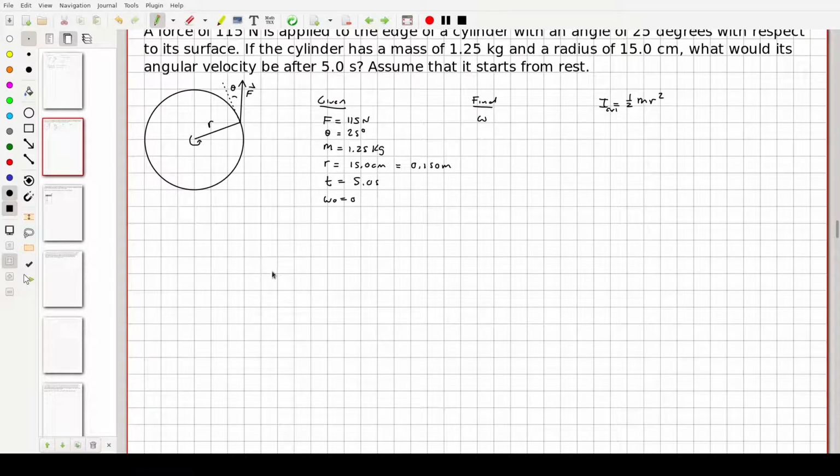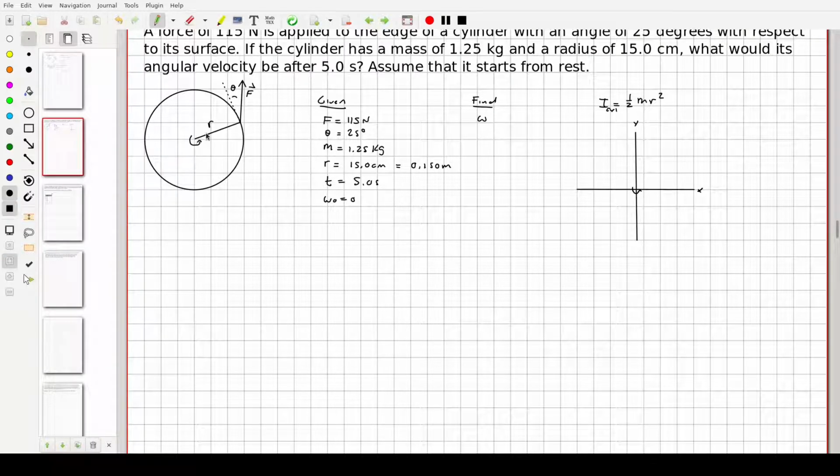Now, the best way to start with these things, at least in my opinion, is to start with the rotational equivalent of a free body diagram. So really what we want to do is draw sort of like a force diagram, except instead of having our object at the center, I'm going to put the pivot point at the center.